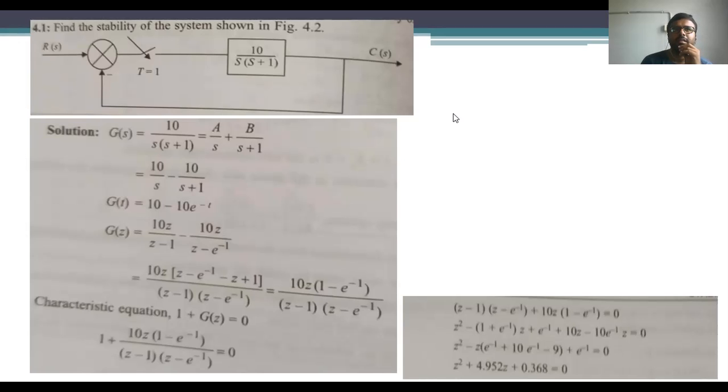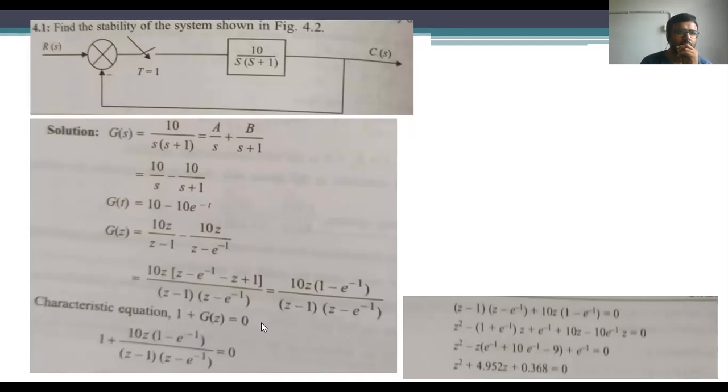So that particular equation is considered as the characteristic equation. Here H of s value is 1. So the characteristic equation is nothing but 1 plus G of s is equal to 0.